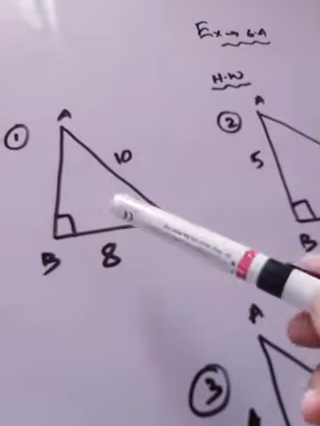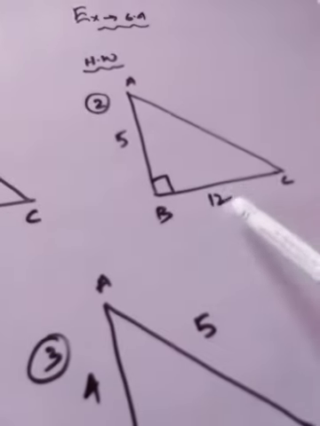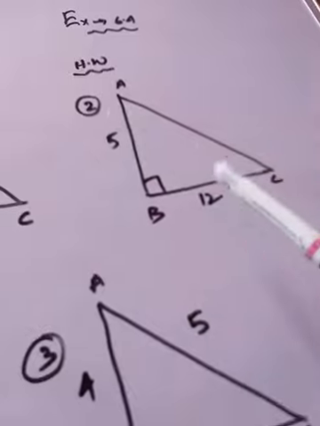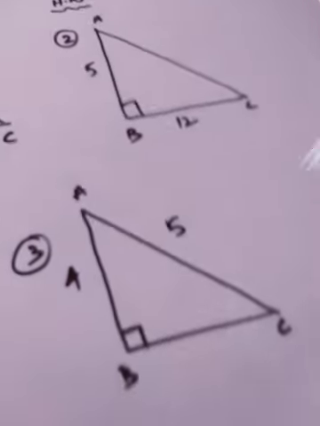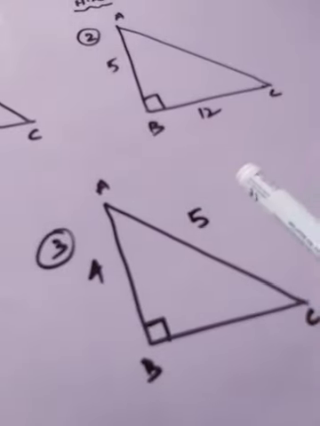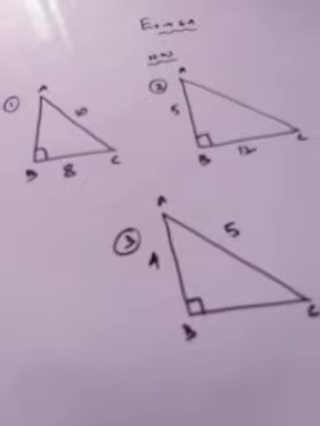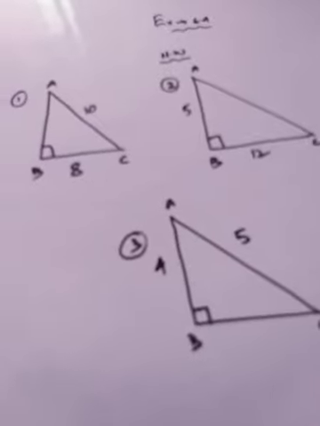In the first sum, the hypotenuse and base are given, you have to get the value of the perpendicular. In the second sum, I have given the value of the perpendicular and base, you have to get the value of the hypotenuse. And in the third sum, I have given the value of the hypotenuse and perpendicular, you have to get the value of the base. So these are the 3 homeworks. Okay, thank you and take care.